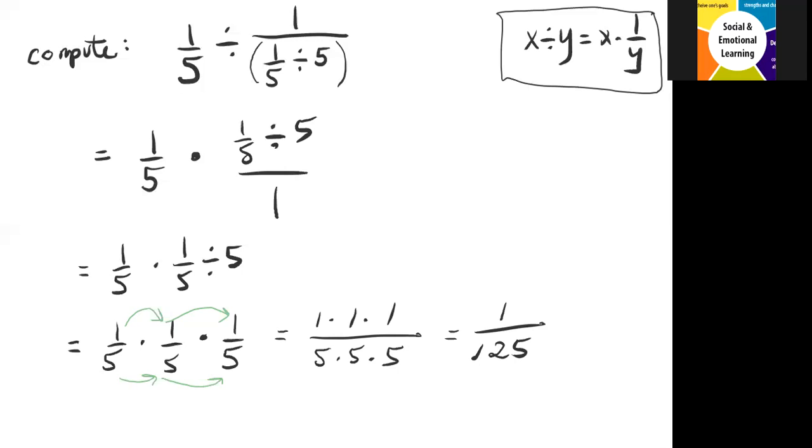Let's try this in terms of variables, because we don't always need numbers. We can just use the letters to represent numbers. That's a big part of what algebra is all about.